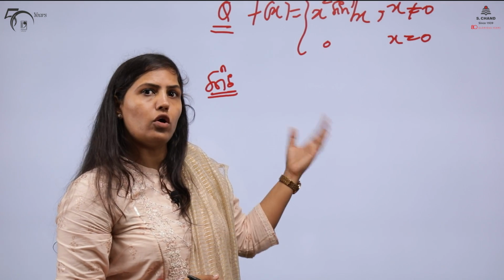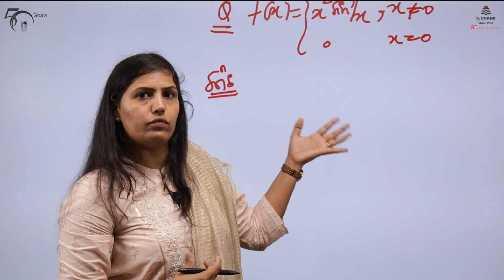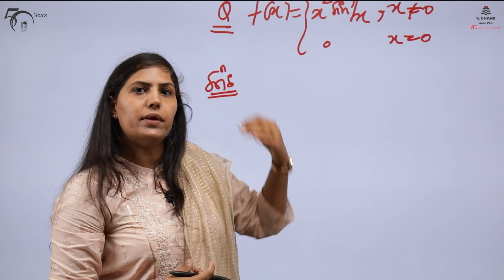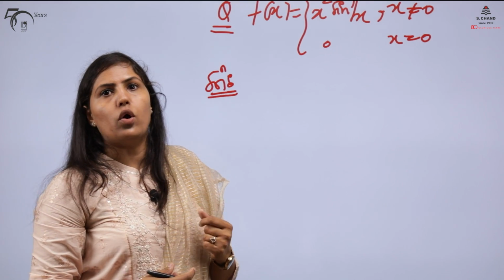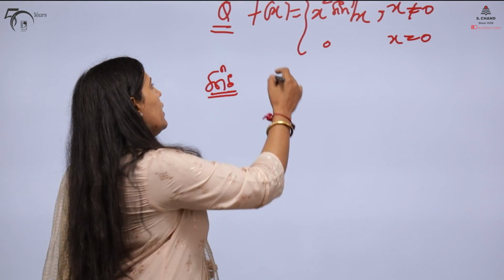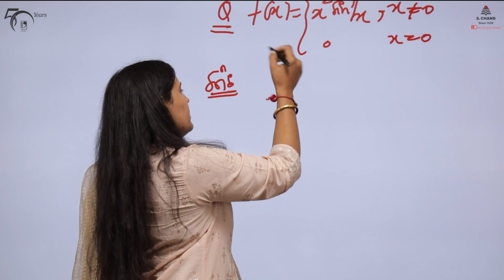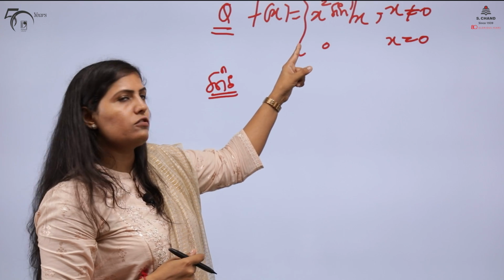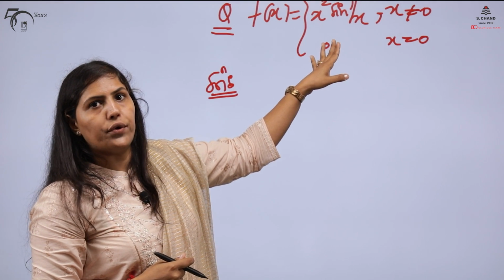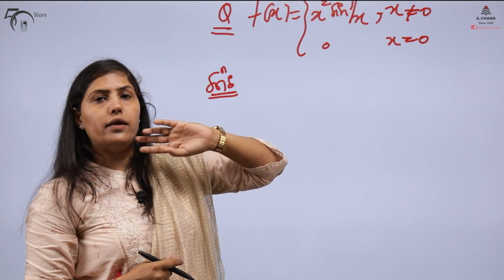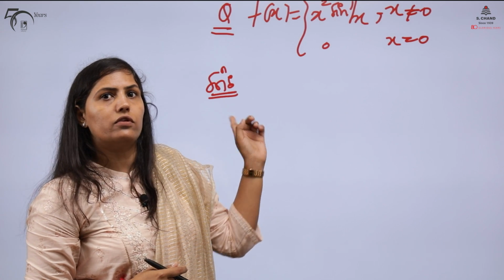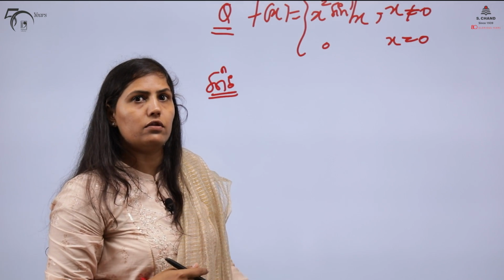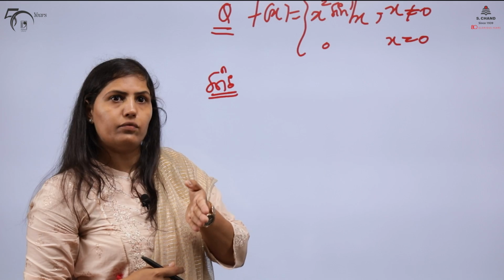Because if the function is not continuous, no need to go for differentiability, it will be 100% not differentiable. In my previous lecture I already showed you that this function is continuous, no issues with the continuity. But you cannot directly say that if it is continuous it will be differentiable, because continuity does not imply differentiability.